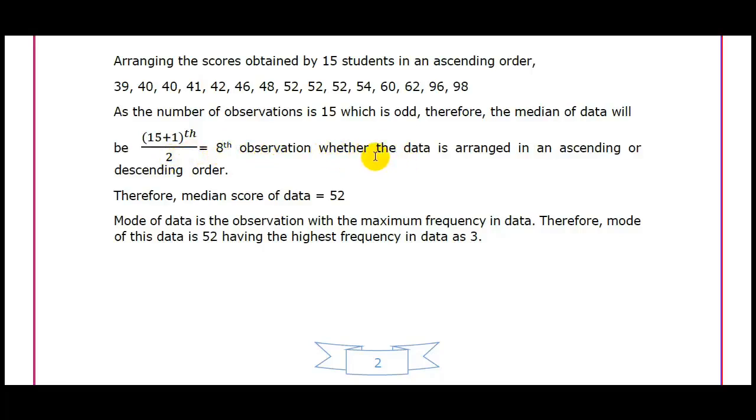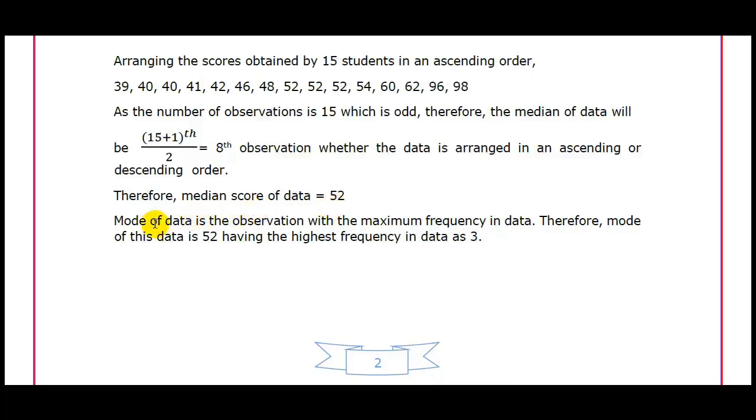From this data, which is arranged in ascending order, the 8th observation is 52. So the median of the data will be 52.